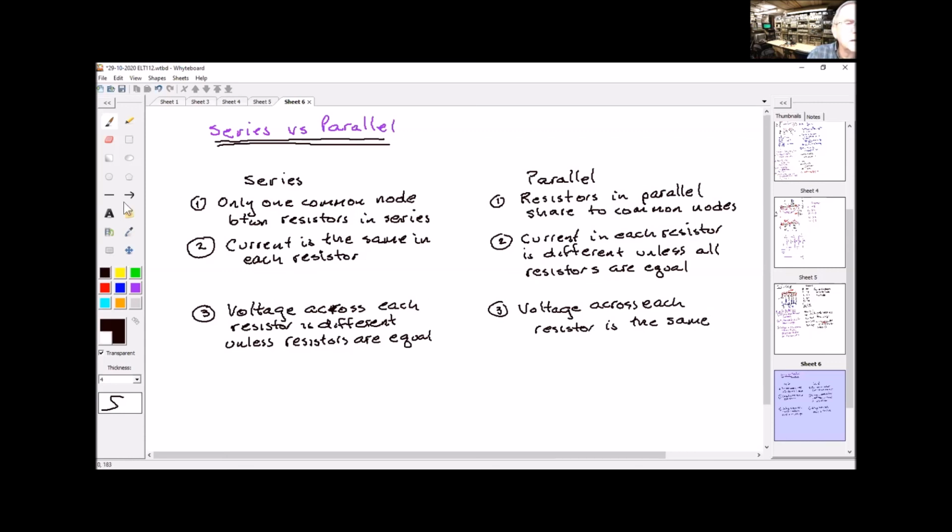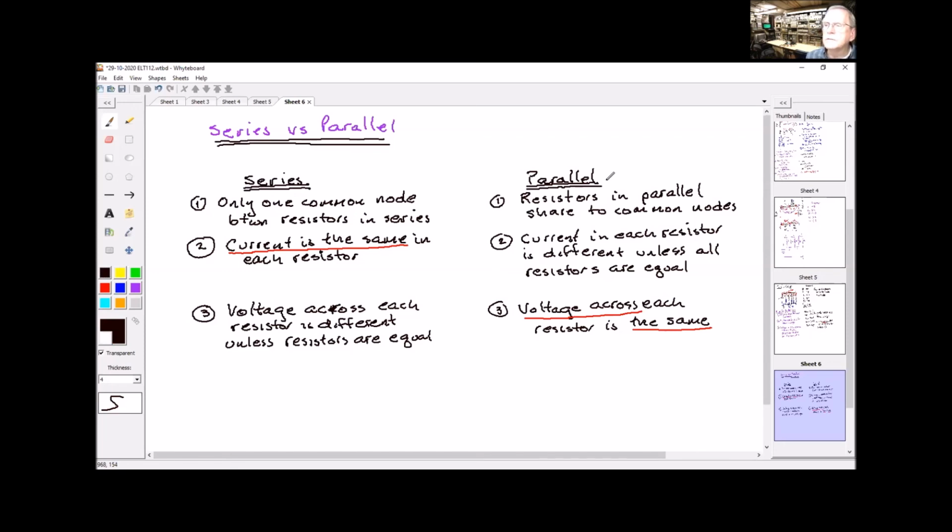So the key idea here is that in a series circuit, the current is the same. In a parallel circuit, the voltage is the same. All right. So in series, we have the same current. In parallel, we have the same voltage.